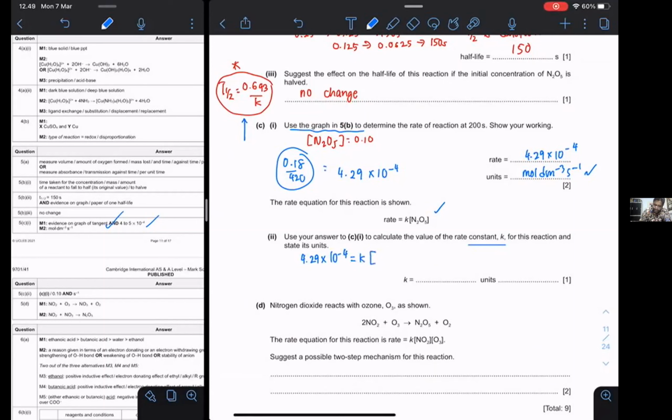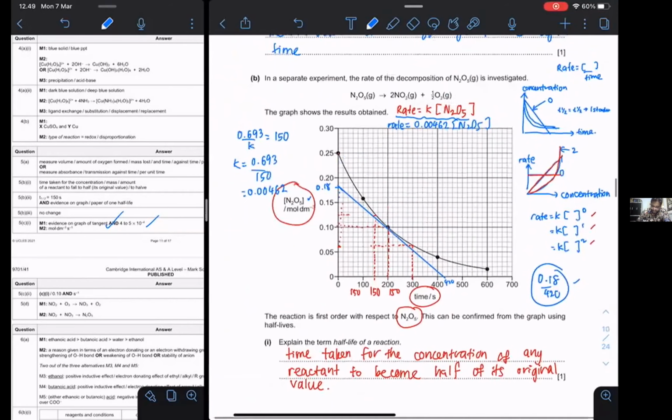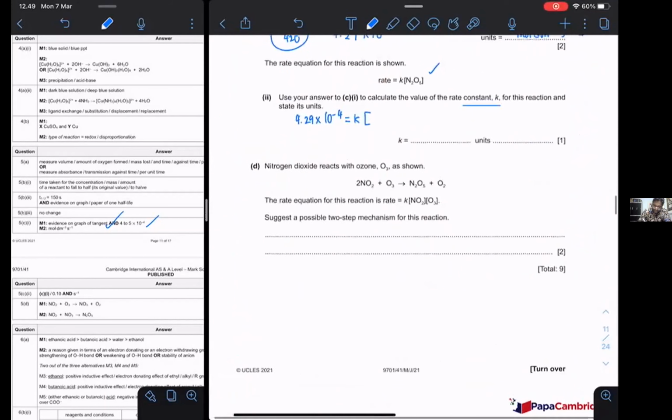For the concentration, I'm using the concentration at 200 seconds; they say the concentration was 0.10. So I'll just use the 0.10 and you will get the K value.